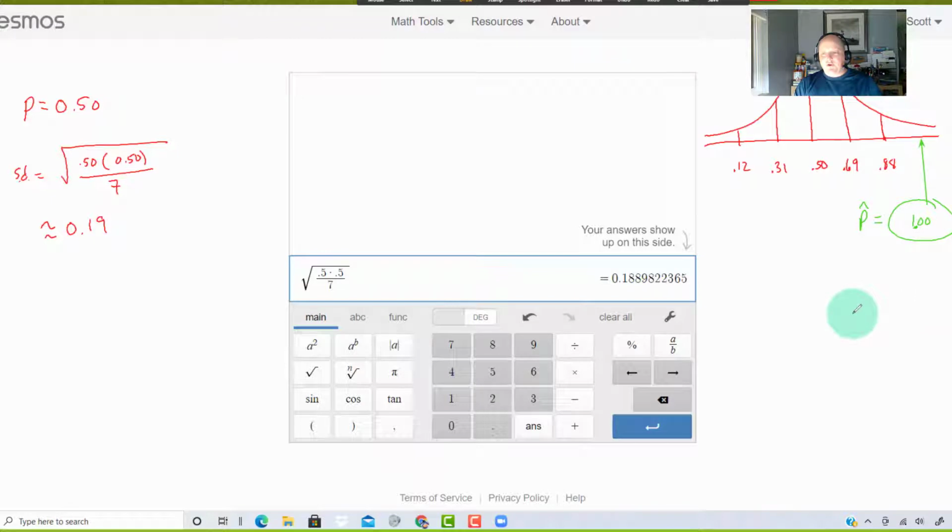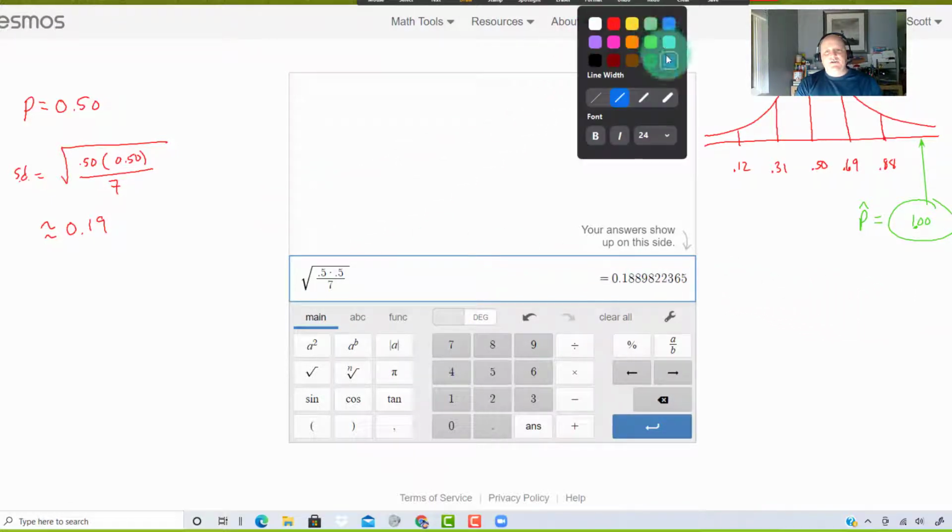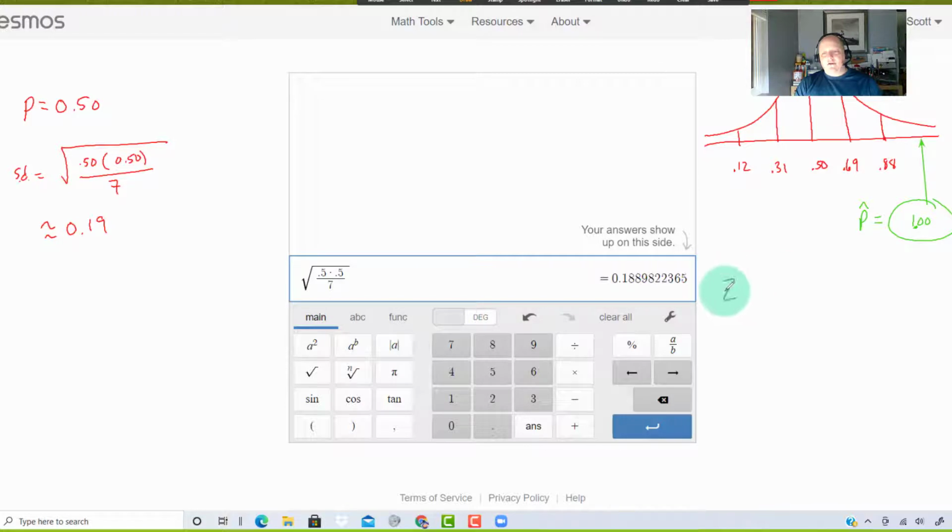That's what we observed in our sample, and we would need to calculate the z-score. So let's do that together. So the z-score would be my p hat, which is 1, minus the mean value for the distribution. In this case, that's the population proportion. Okay, and I would divide by 0.19.